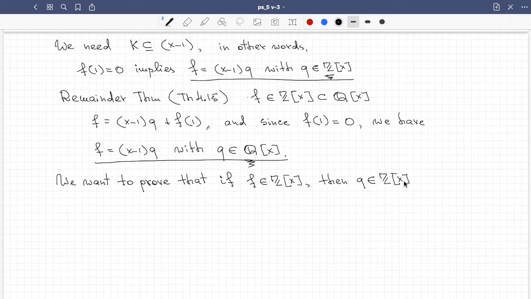Then we are done. Then we are here, and that is all we needed for the opposite inclusion. We are done.